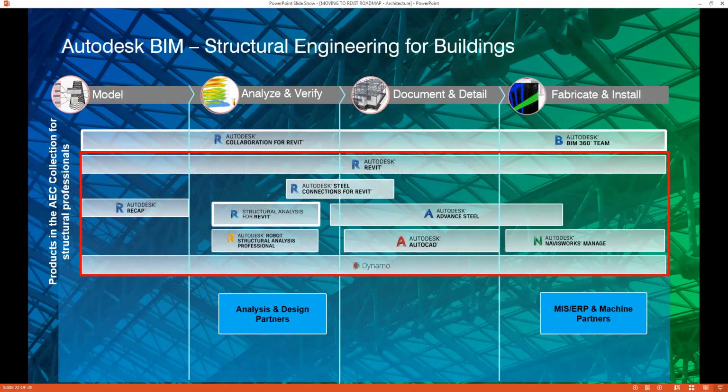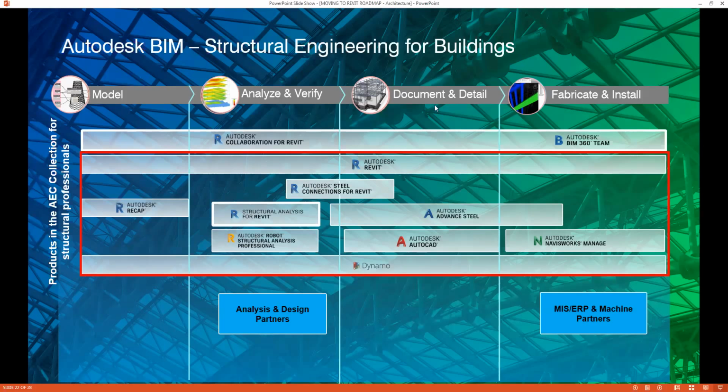And then Robot, I know it analyzes as well, but I don't know. Okay, sorry. The structural analysis for Revit helps you to analyze within Revit. But then Robot Structural Analysis is like a separate software, more detailed, more powerful to go in depth and carry out a more robust analysis. All right.